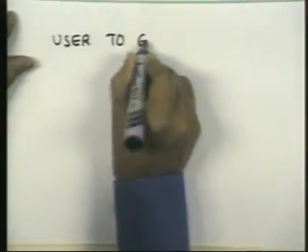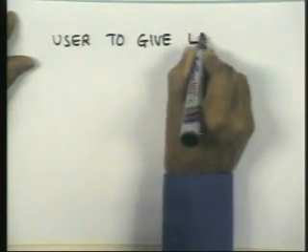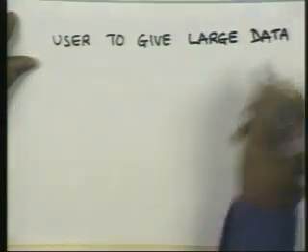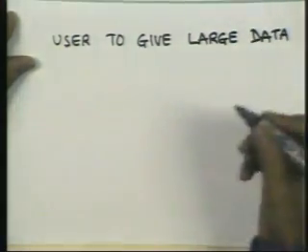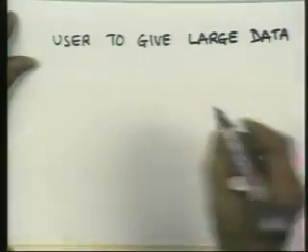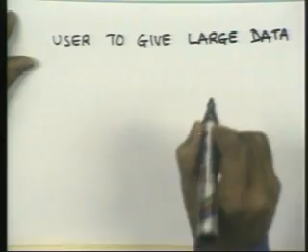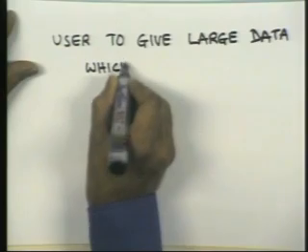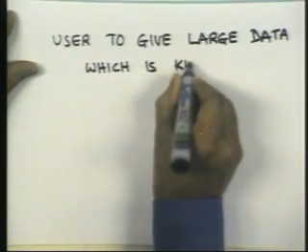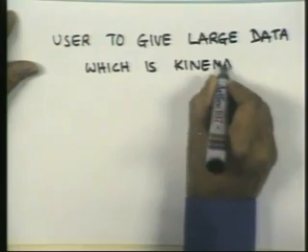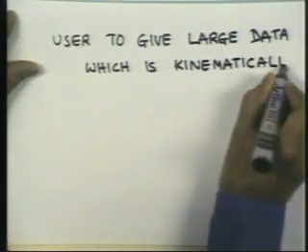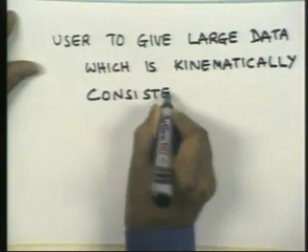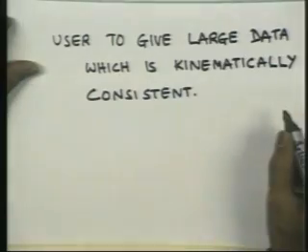So, in this particular strategy of specifying the trajectory, the user needs to give large data. That is one aspect. Okay. For n plus 2 positions, he has to give the position and velocity information, but it also has to be kinematically consistent data. Okay.